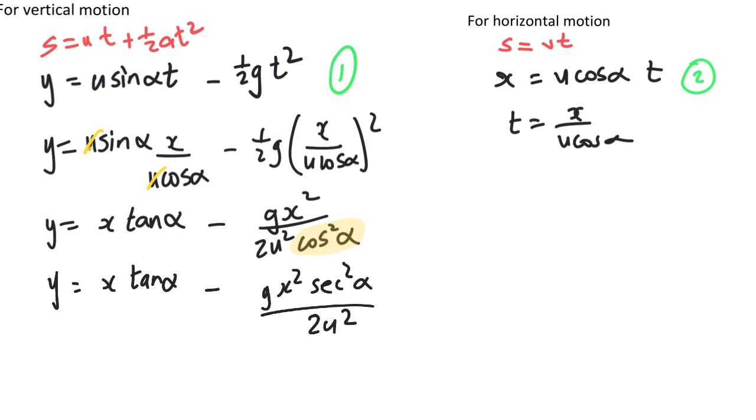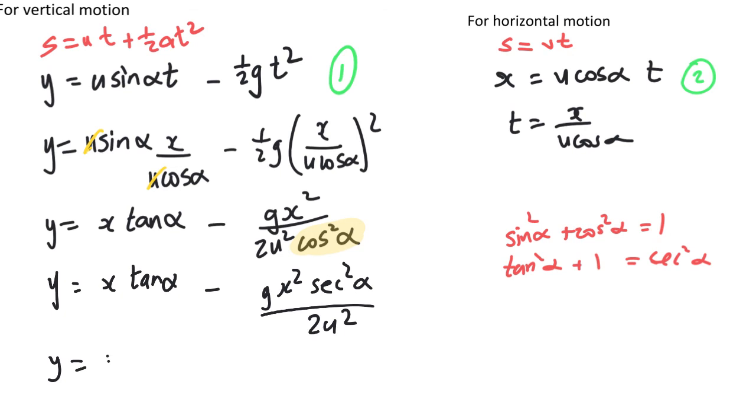From our trig identities, we know that sine squared alpha plus cos squared alpha equals 1, and dividing through by cos squared, we have tan squared alpha plus 1 equals sec squared alpha. So what we can do is replace sec squared alpha, and we'll have an expression all in terms of tan.